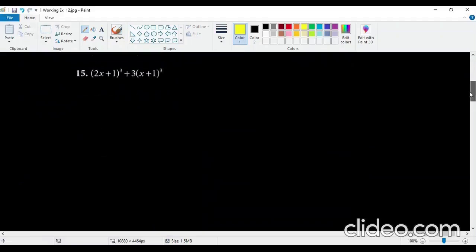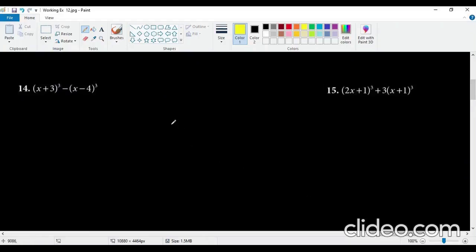Moving on to the next question, which is 14. Over here two different formulas as before, (a plus b) whole cube and (a minus b) whole cube. So the first bracket is going to give us x cube plus 3a square b and plus 3ab square and plus b cube.